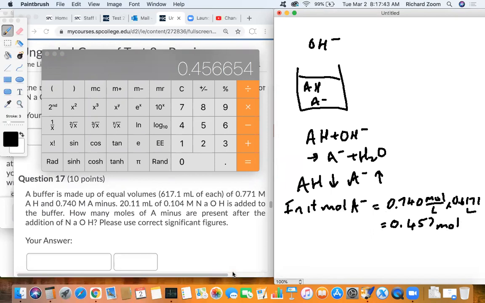And then we've got the sodium hydroxide here, which is going to be 20.11 mL and 0.104 moles per liter.